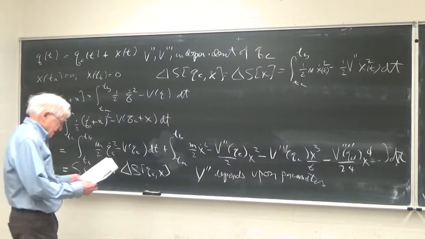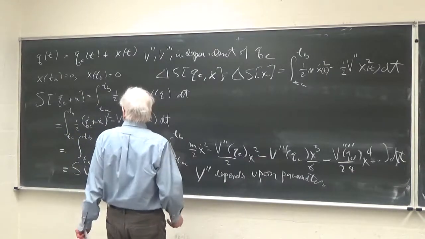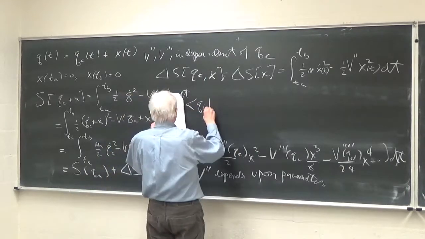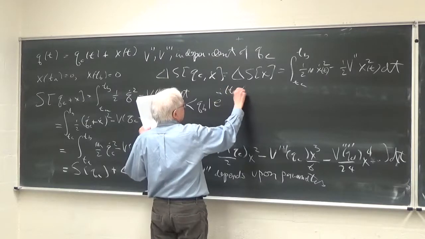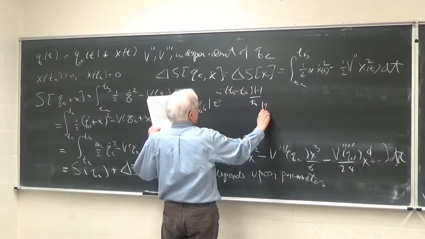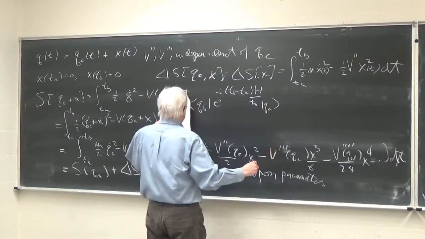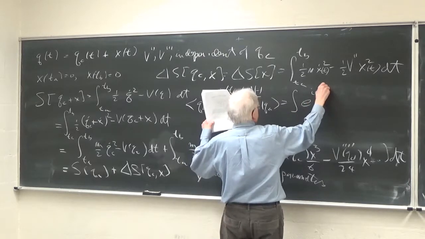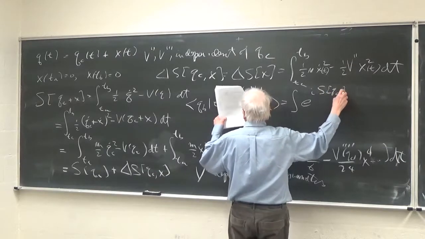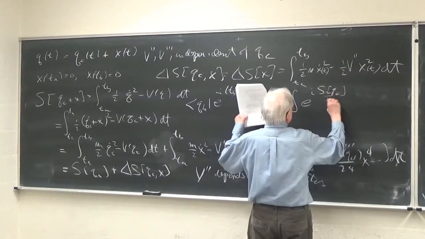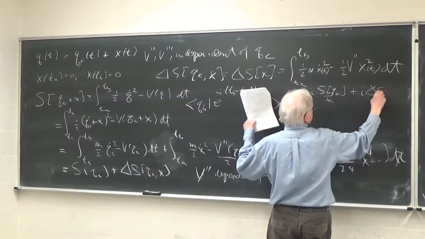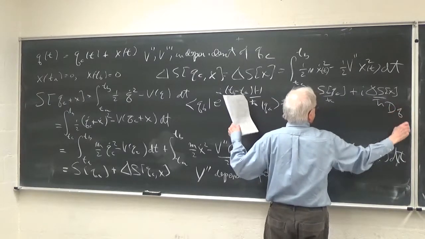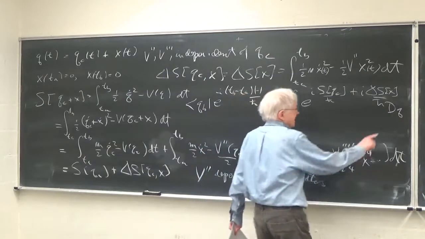And what this means then is that the actual amplitude, which is <q_b| e to the minus i (t_b minus t_a) Hamiltonian over h bar |q_a>, is going to be a path integral of e to the i S of q classical over h bar plus i delta S of x over h bar, dq, but dq is just dx.